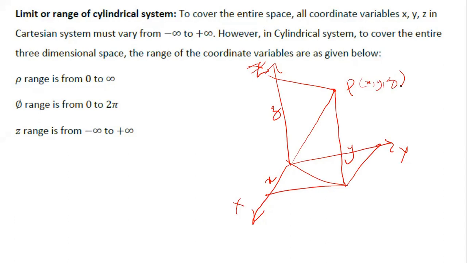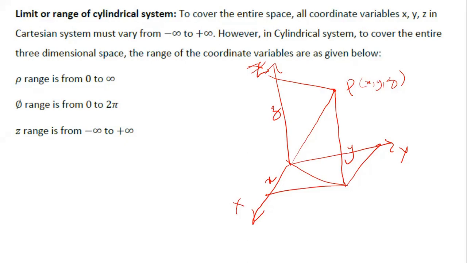But in certain physical problems, or in certain algebra, or any other mathematical problem or engineering problem, it might be quite cumbersome to solve your physical problem using your XYZ Cartesian system.